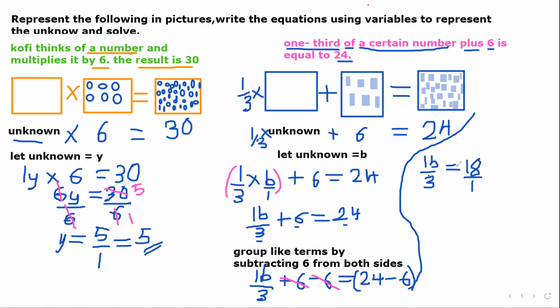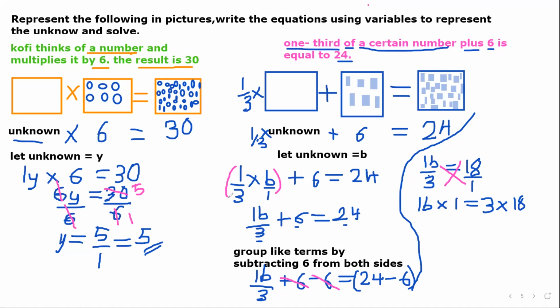Your cross multiplication here means that the 1b here will be used to multiply the 1, which will be equal to 3 times what? 18. Okay, good.